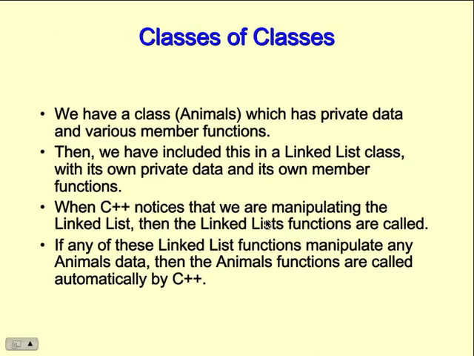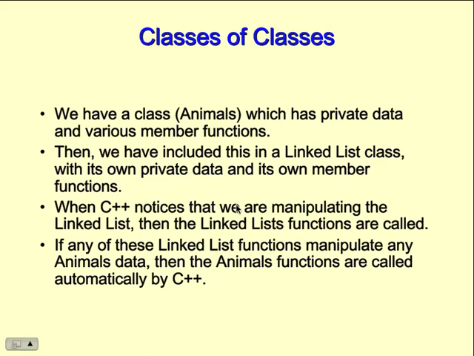So, classes of classes. So far we've used classes of structures. We can also have classes of classes. So we have a class animals, which has private data and various different member functions. Then we can include it in a linked list class, with its own private data and its own member functions.